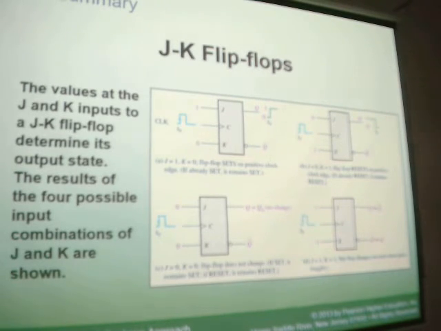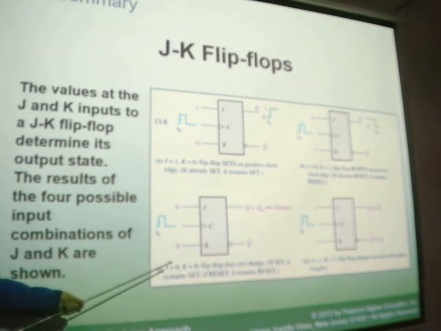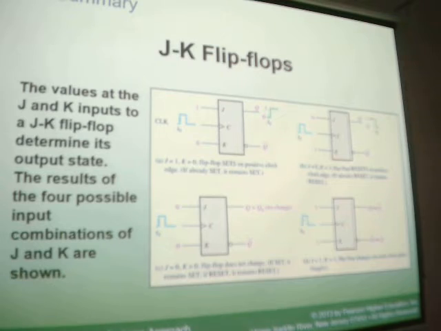In the first edge, Q toggles from 0 to 1, and in the second from 1 to 0. In the third, from 0 to 1. In the fourth, from 1 to 0. That is the function of the JK flip-flop.